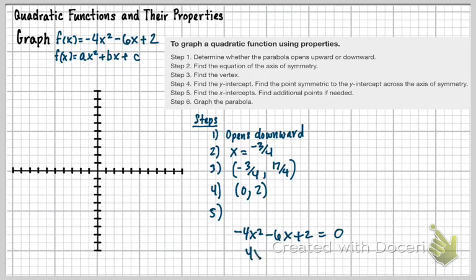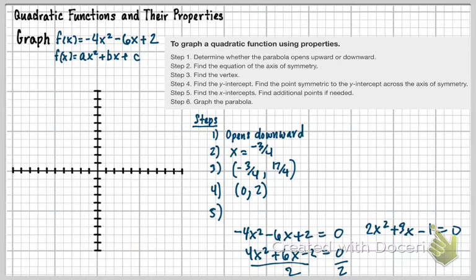And when I do, I get 4x squared plus 6x minus 2 equals 0. So now I'm going to look at trying to factor it. Now I notice I can pull a 2 out of all 3. Actually, what I'm going to do better yet is just divide both sides by 2. And that's going to give me 2x squared plus 3x minus 1 equals 0.